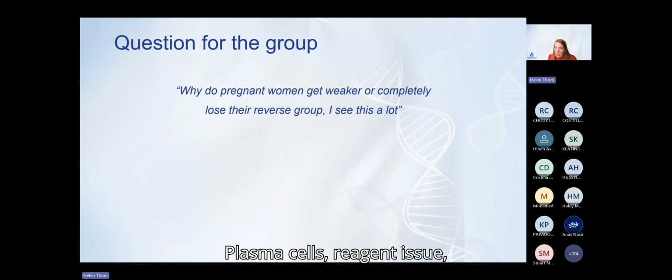Plasma cells, reagent issue, medication, yeah. Well, those are all good answers, thank you. I think it's something I need to go and do a bit of research on, although I did try to do a little bit ahead of the session, but couldn't seem to come up with anything. So there might be something very strange going on there.